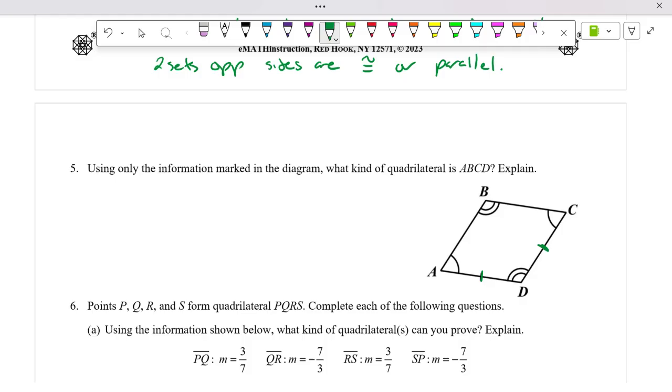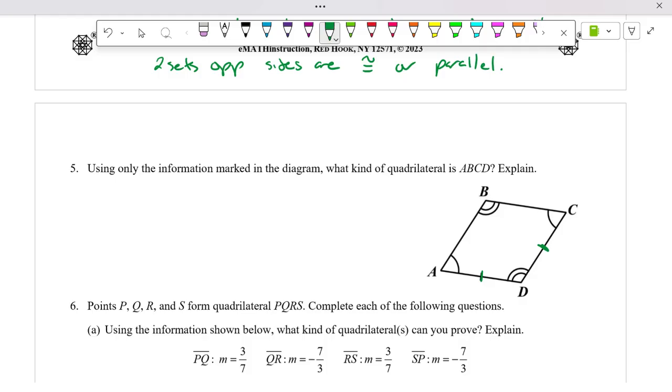What shape would you call this? So we could say it's a parallelogram at the base level, but there's one thing that makes this a rhombus. It's the 2 congruent adjacent sides.